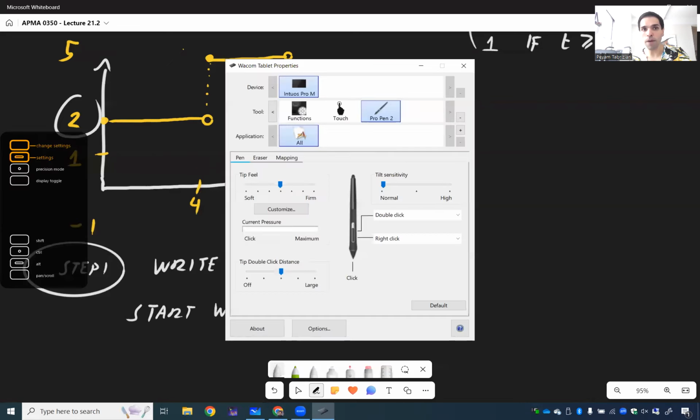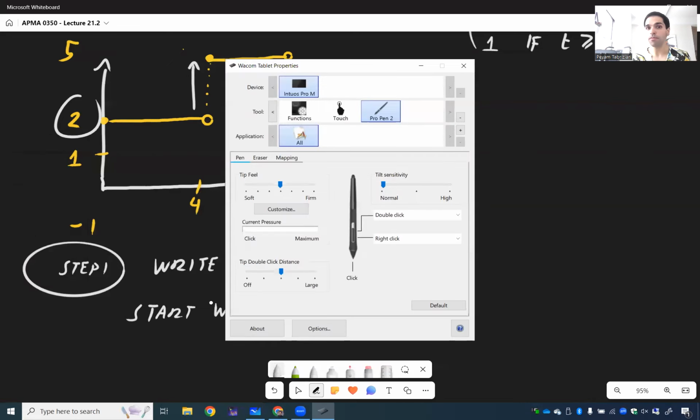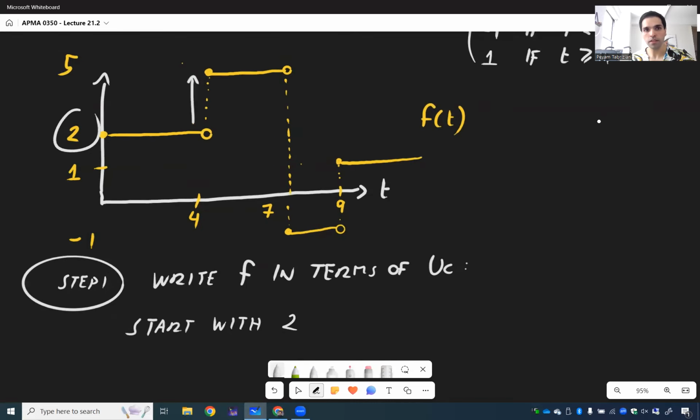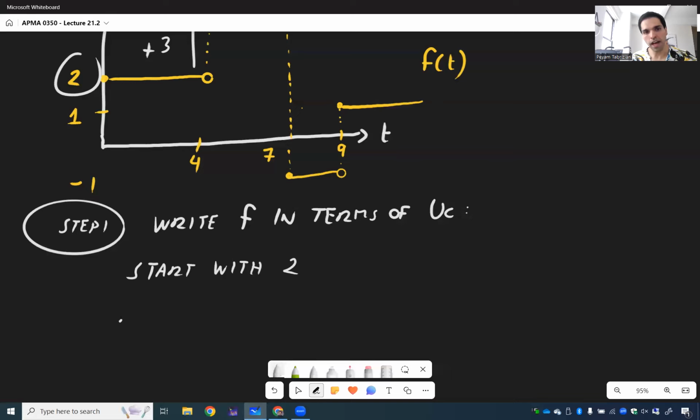So the first jump happens at 4, and the jump is by 3 units. So essentially, you jump by 3u4. So at t equals 4, jump by 3.